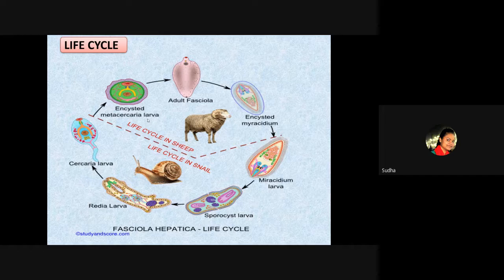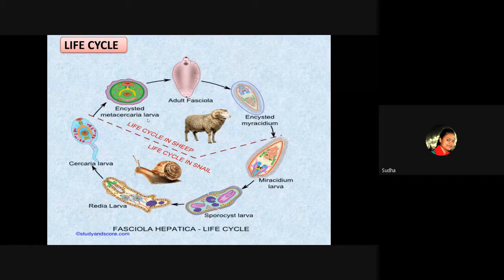The Fasciola again produces eggs, which are released through feces. If they find a water body near, they develop into miracidium again, then sporocyst, redia, cercaria and metacercaria, and if the sheep consumes it, it turns into adult Fasciola in the liver again.